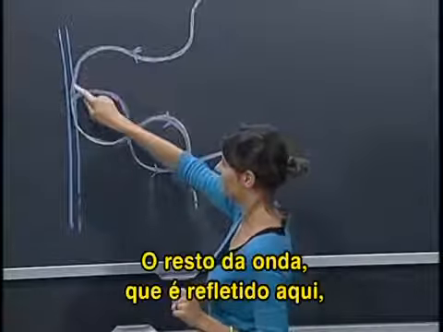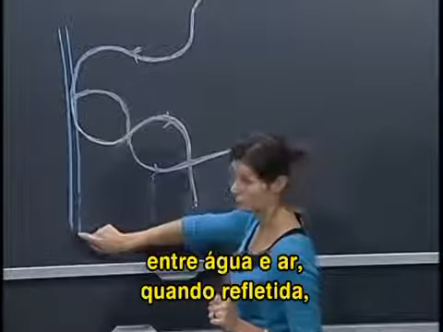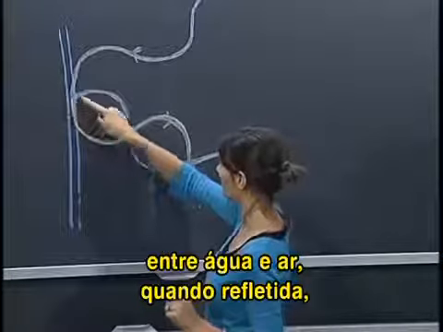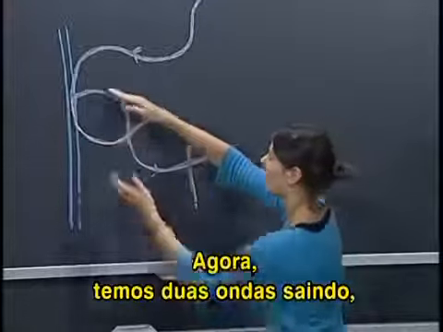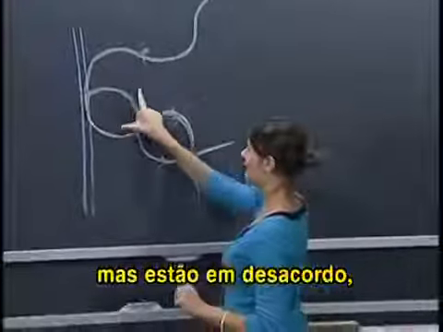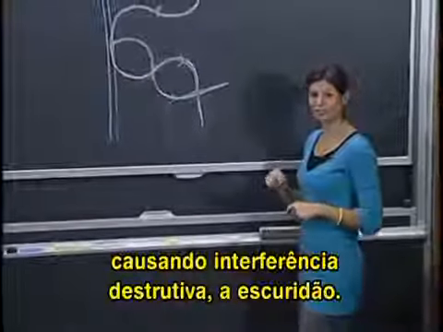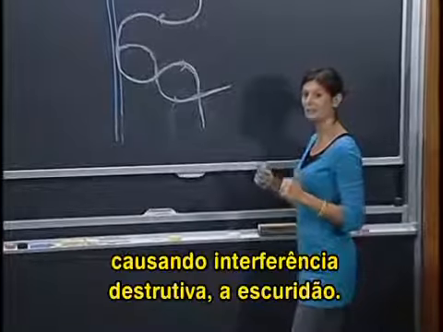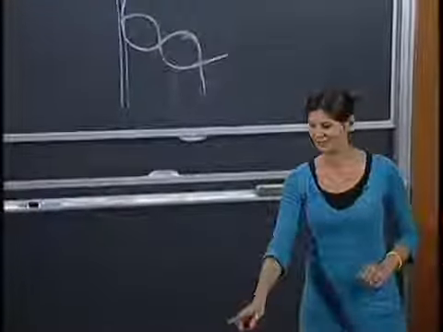The rest of the wave that goes through and is reflected here between water and air doesn't change phase. So now we have two outgoing waves, but they are out of phase. So we will have a destructive interference, something black. And this is how our problem is solved.